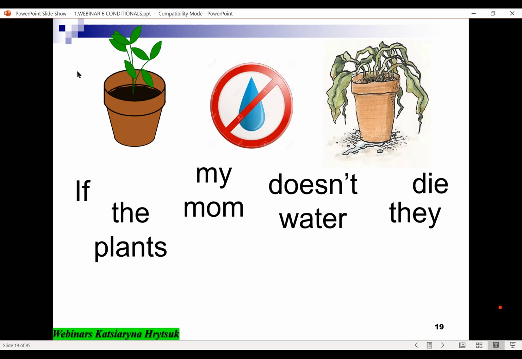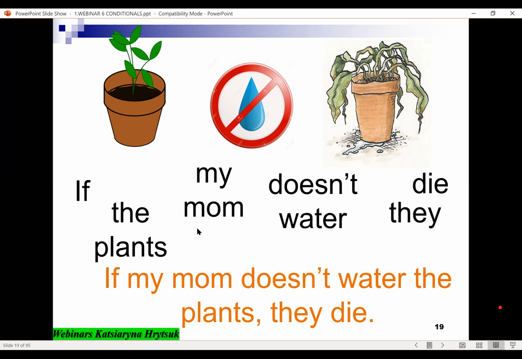And if clause, if my mom doesn't water the plant. Absolutely. Connect part by part. So you can say they die if my mom doesn't water the plants. Or you can say plants die if my mom doesn't water them. So if you cannot automatically go to the main sentence, connect subject, verb, subject, verb.